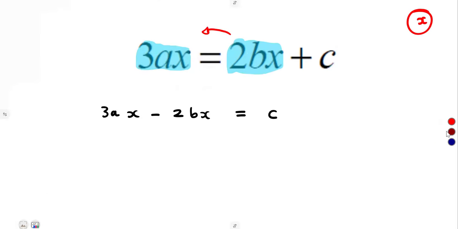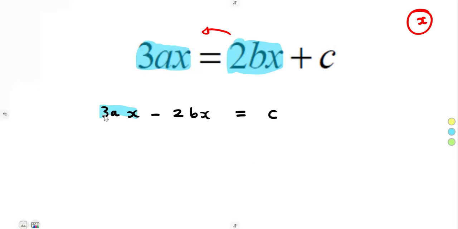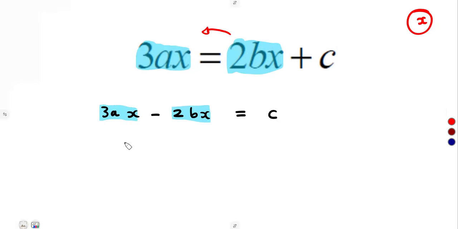More than one term, we are talking about x. This term contains x. This term also contains x. So what do we do? We take x out of the bracket. We factor out. We factorize. The first stage was just rearranging. Now we must factorize. We factor out the x because it's common between the two terms.